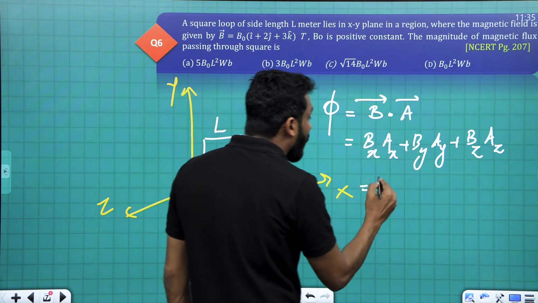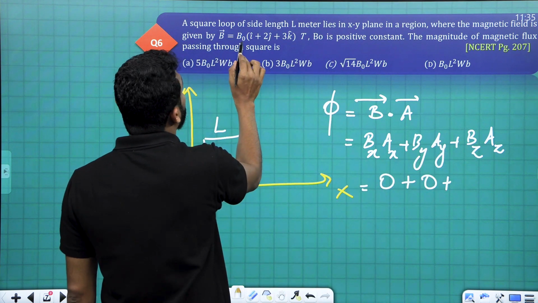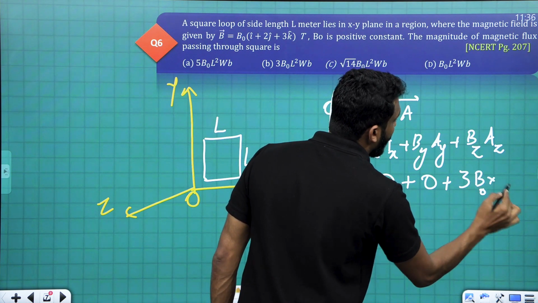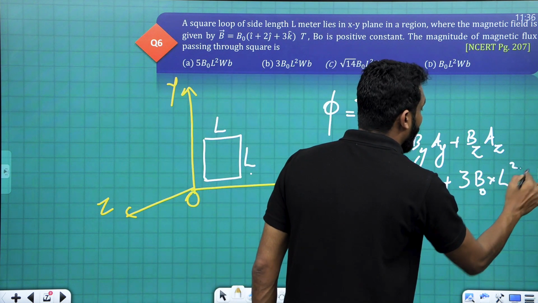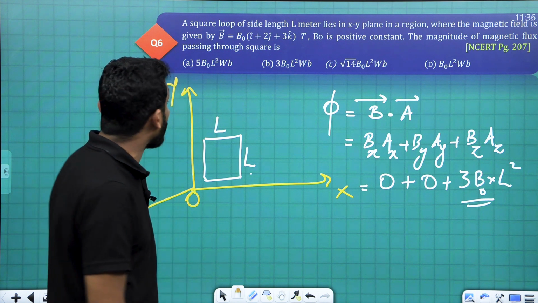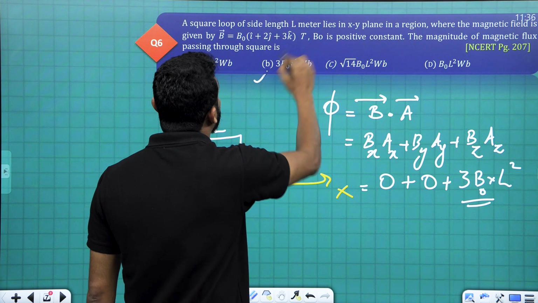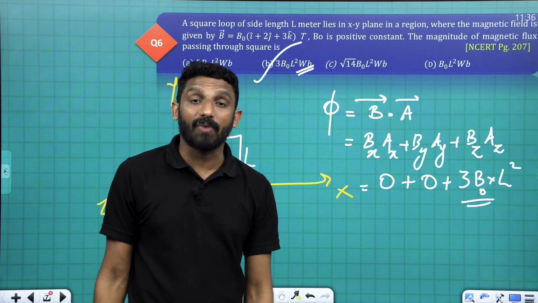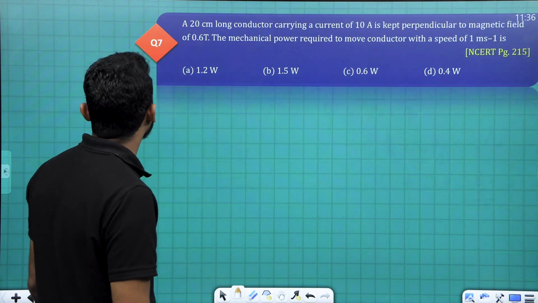So these two terms are zeros. And Bz is 3 B naught, into area, L square. Understood? So the answer is 3 B naught L square, option B. And the SI unit is Weber. The SI unit of magnetic flux is Weber. Fine. Okay. The next one.